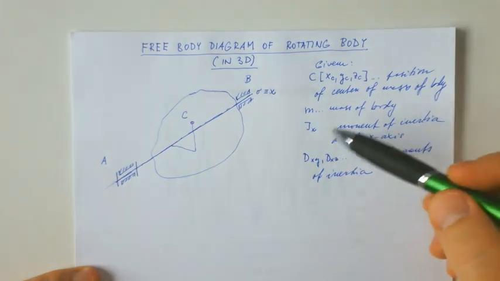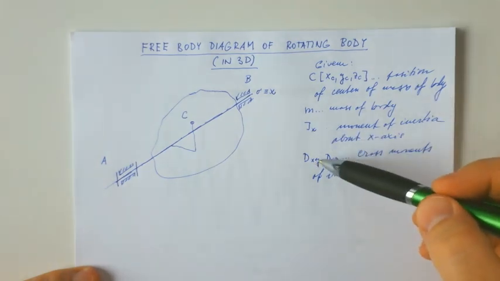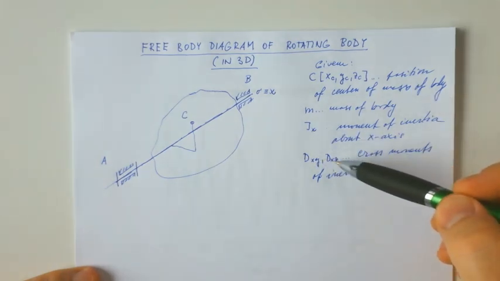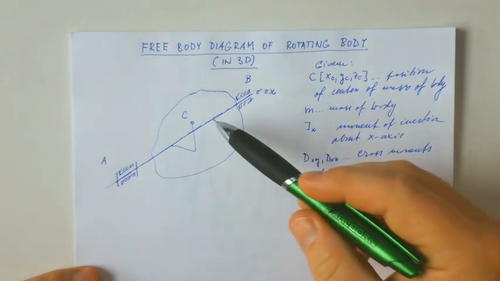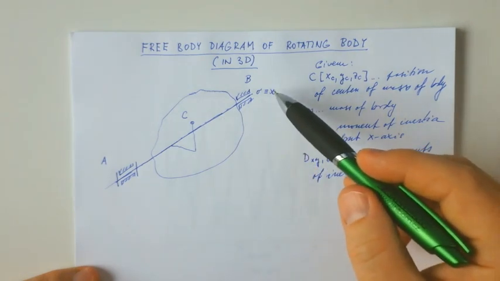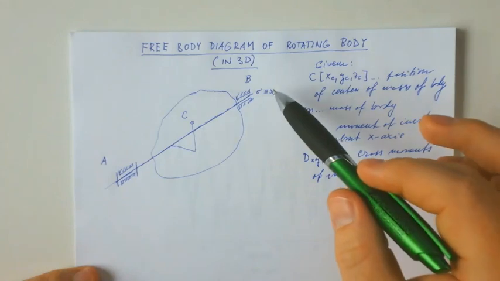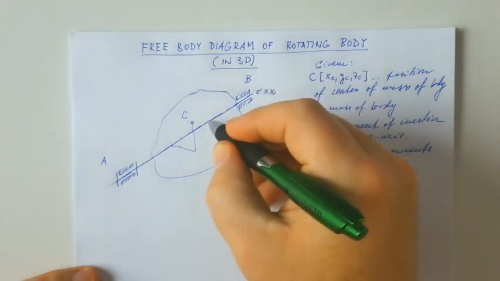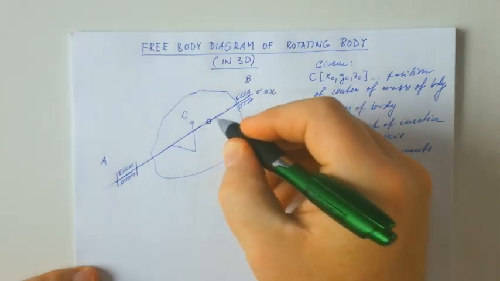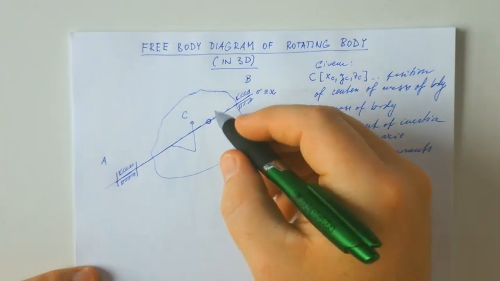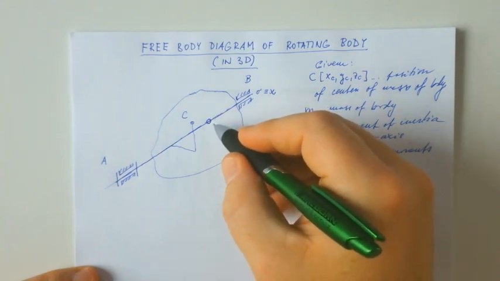So if we are talking about x, y, z coordinates, we should define the other two directions, the y and the z axis. So let's say that somewhere in the space is the origin of the coordinate system.